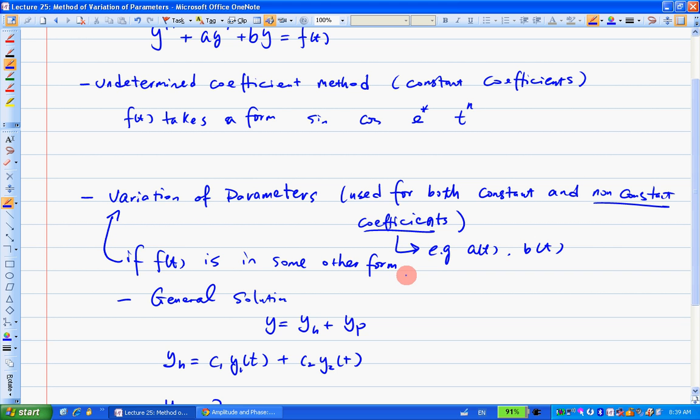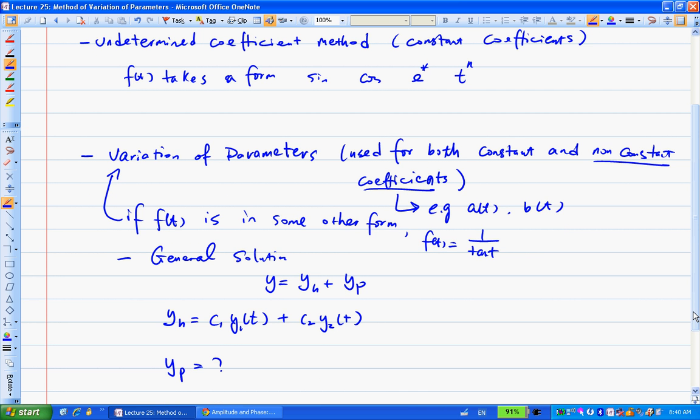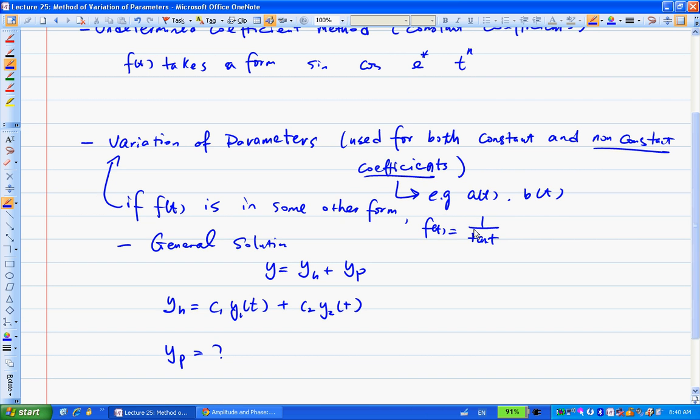So for example, maybe f of t equals 1 over tan t. This has nothing to do with just sine or cosine. Maybe it's something else, who knows. If this is the case, we're going to have to apply variation of parameters. So now you should establish a bigger picture.